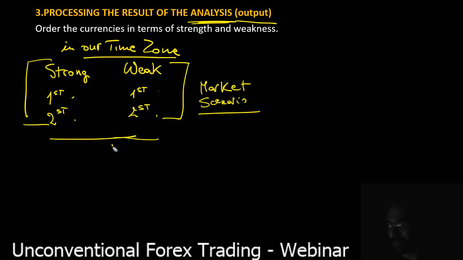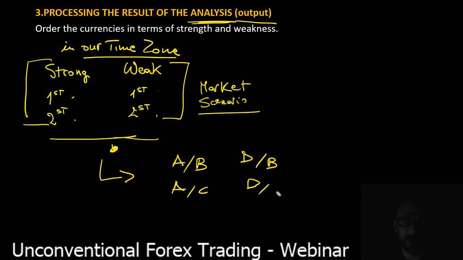I'm not finished, because this output is very important for me to take decisions and to create the crosses: A on B, A on C, D on B, and D on C, assuming that A is always base and D is always base in the crosses. So we can have some currencies that are base or quote. So GBP, for example, is the quote of the euro, but is quoted in dollars.